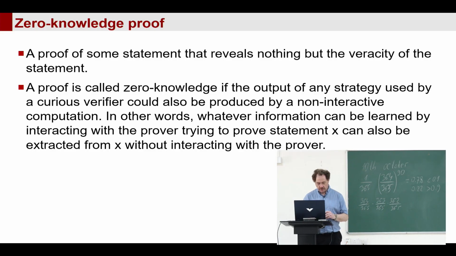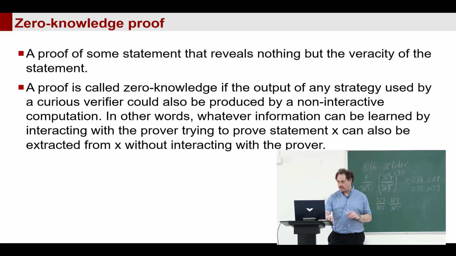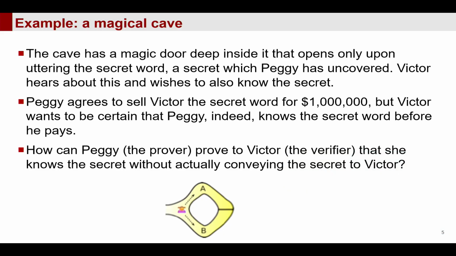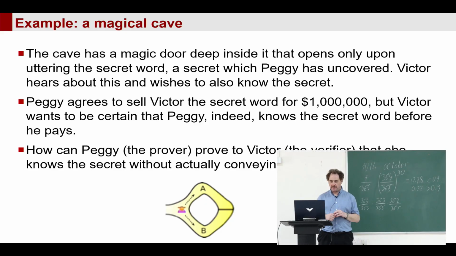All right, let's start. The first example is a simple example: a magical cave. The cave has a magic door deep inside that opens only when you say a secret word.